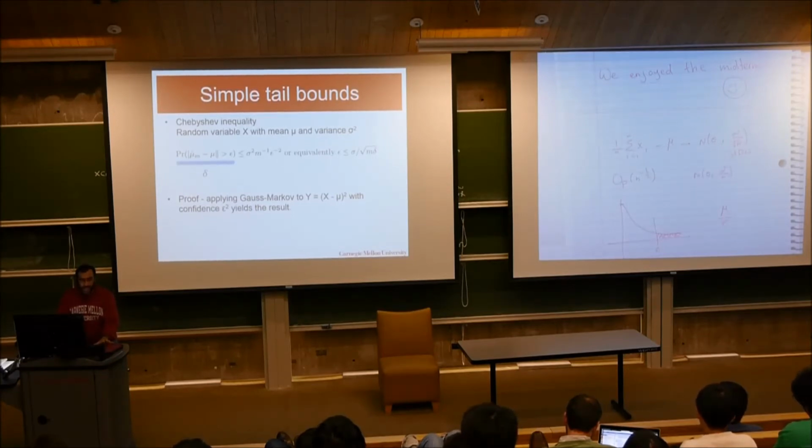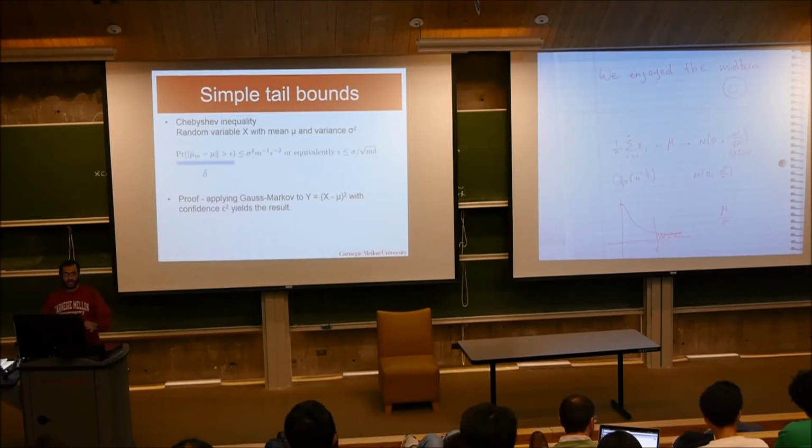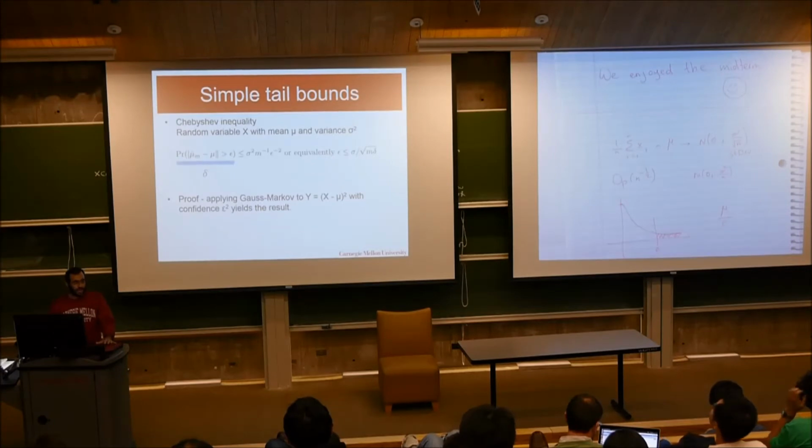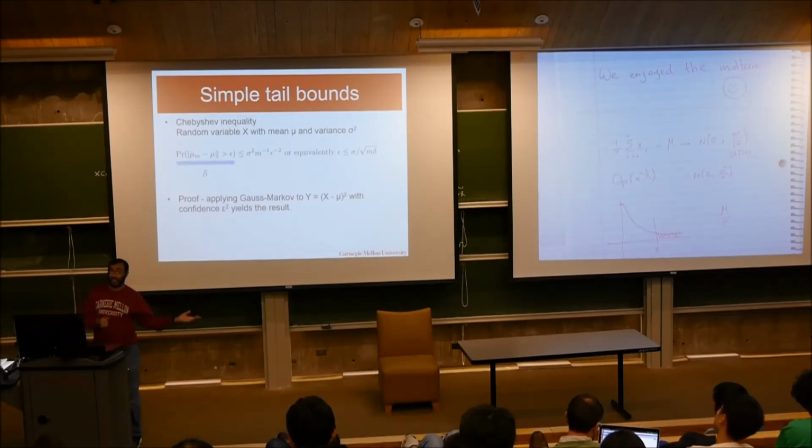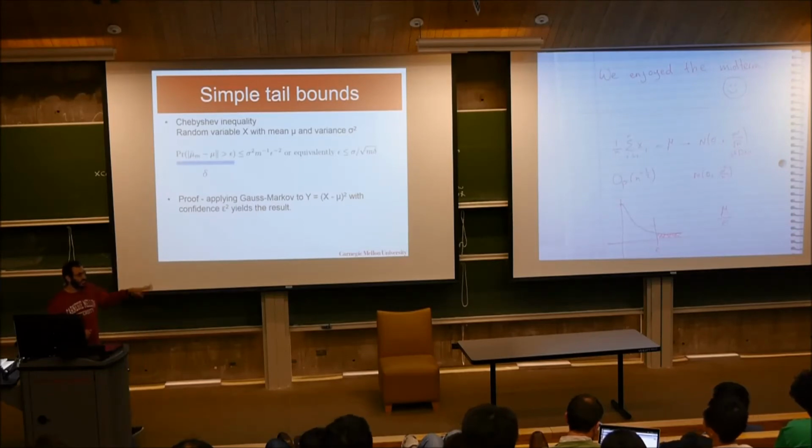It also tells you that as your variance gets higher, your bound gets higher, right? We want this bound to be as low as possible. This is the probability of being wrong, and we will call it delta.